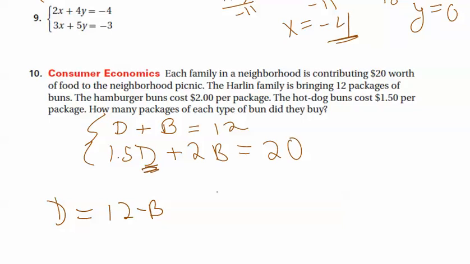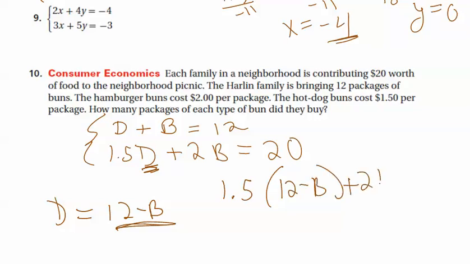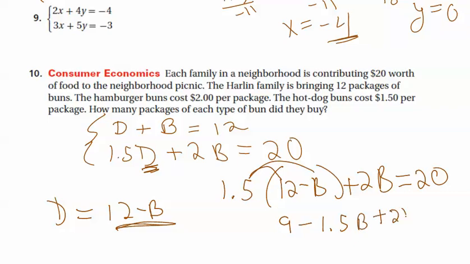Then you can take and replace D with what D is equal to, and then you'll be able to solve for B. So 1.5 times 12, then take 1.5 times B. So 1.5 times 12 is 9 minus 1.5b plus 2b.